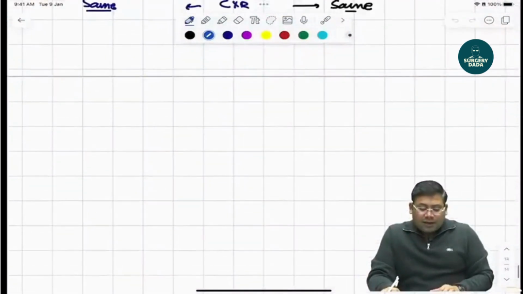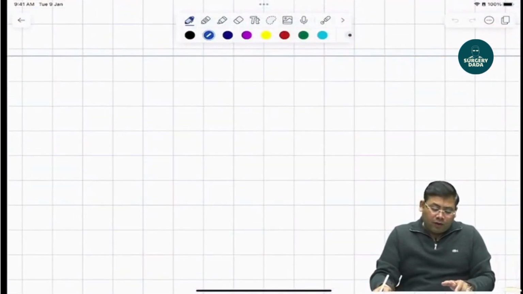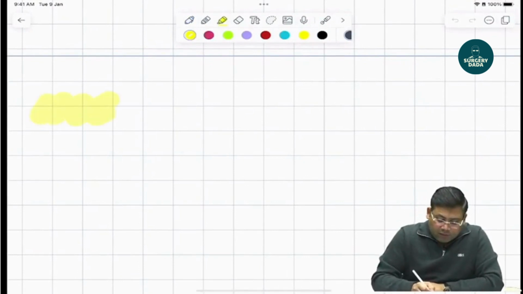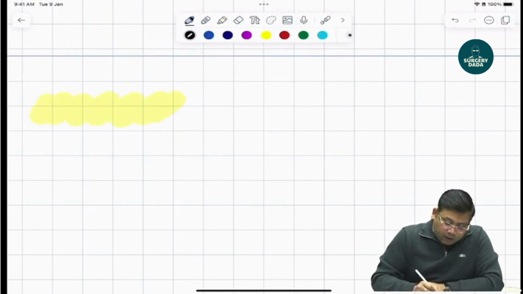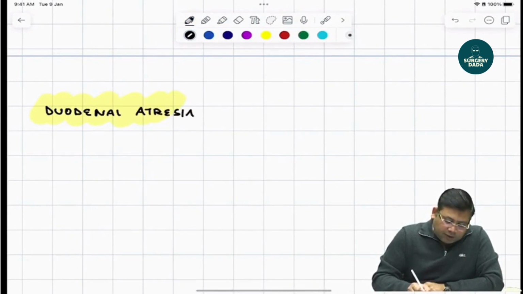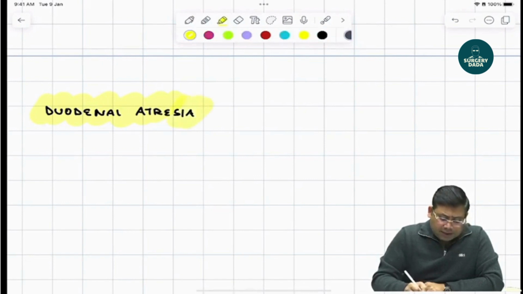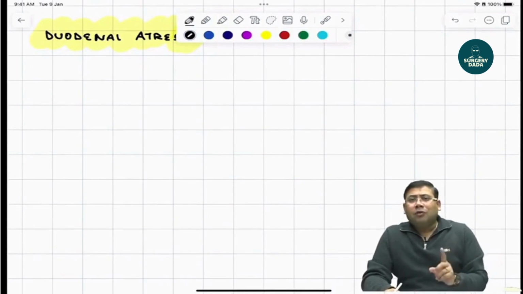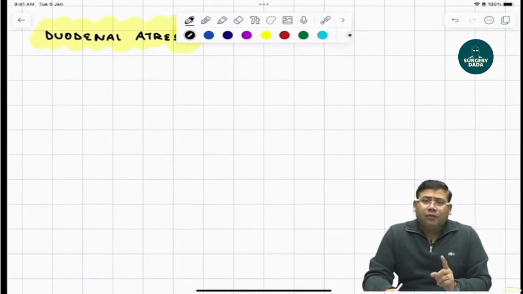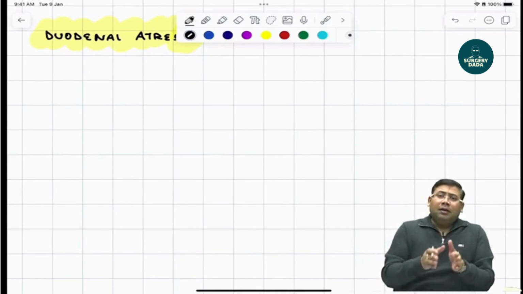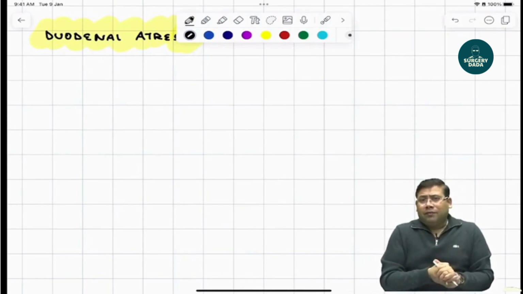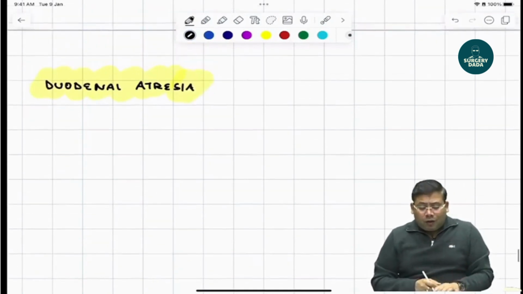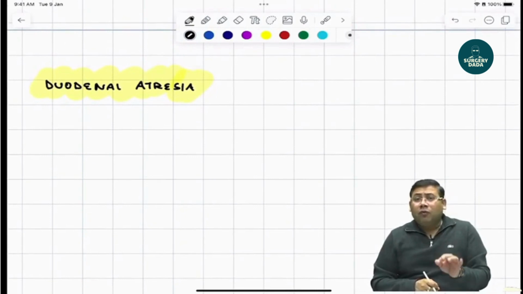Let us understand the pattern of duodenal atresia. Students, atresias are very common, but duodenal atresia is not that common. The most common atresia of the GI tract is the jejunal-ileal atresia, but duodenal atresia is the most frequent cause of obstruction.